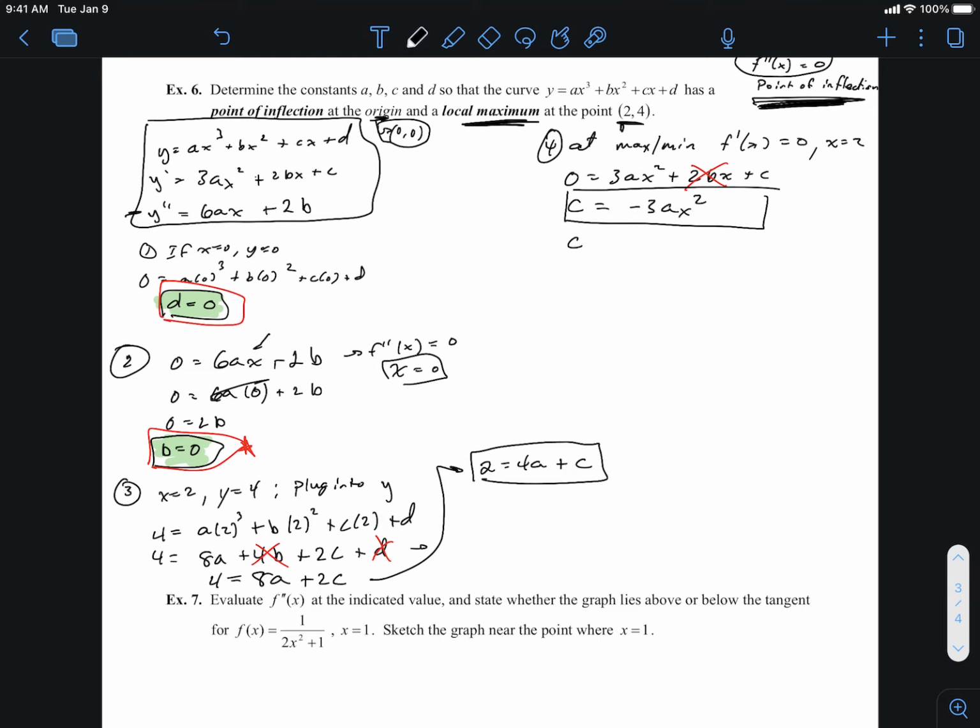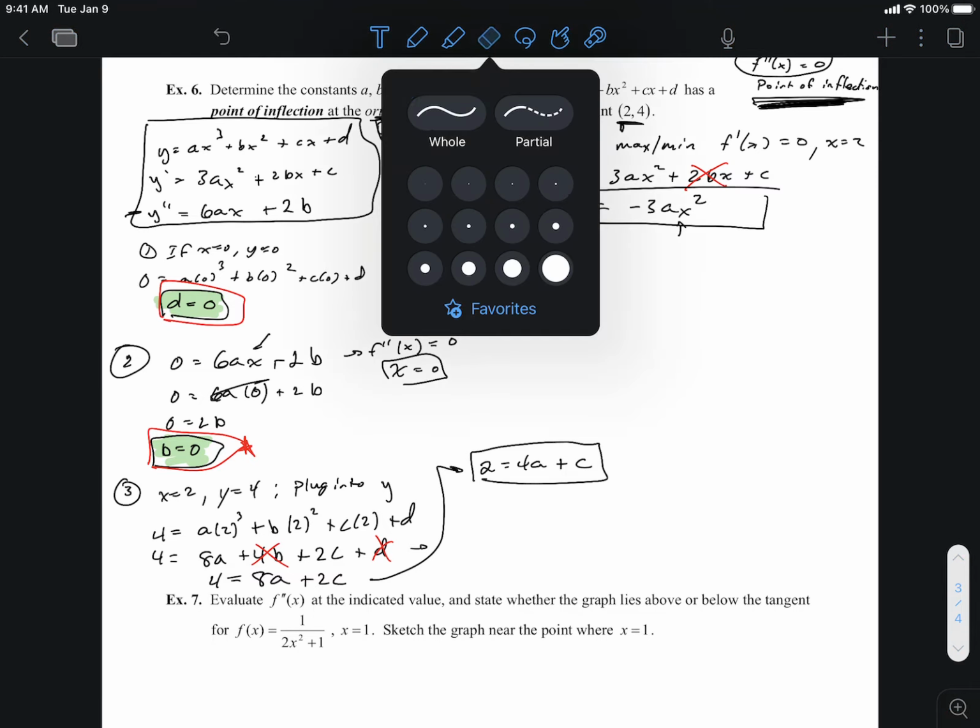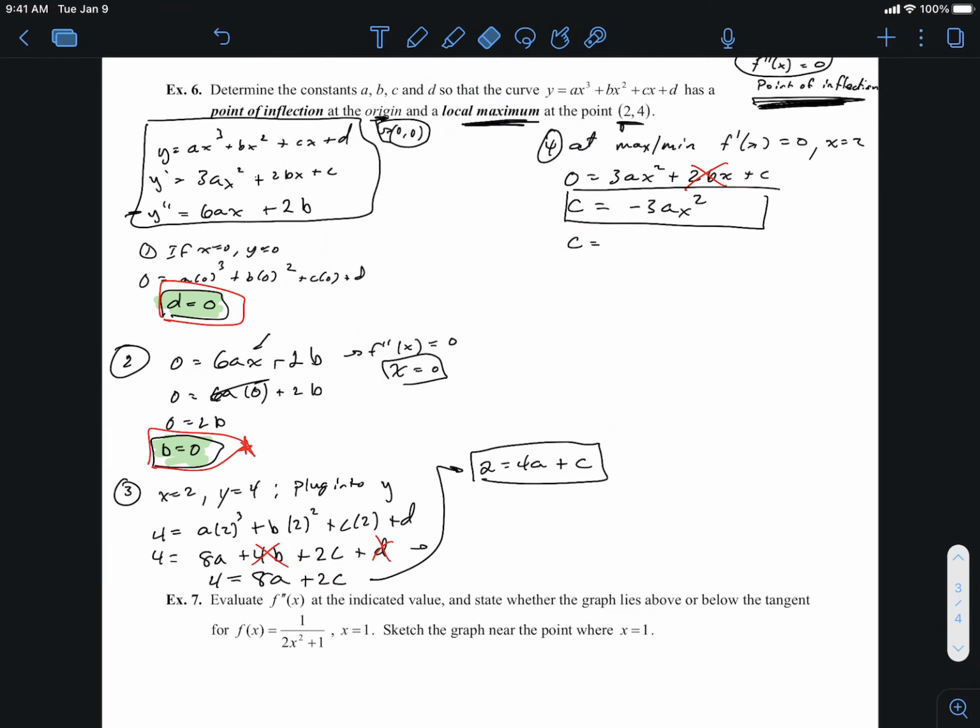So we can make this expression even easier by evaluating when x equals 2. So we could say c equals negative 3 times a times 2 squared. All right, well, c is going to equal negative 12a then.